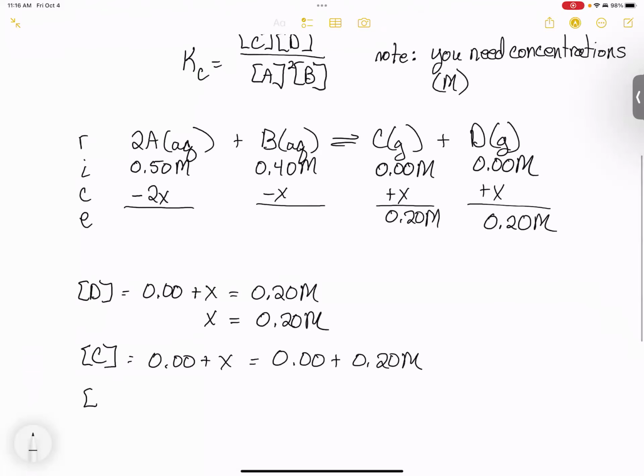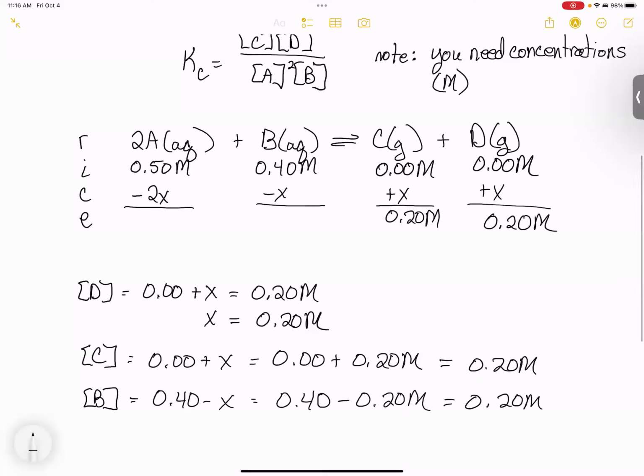For B, it was 0.40 molar minus X, so it's 0.40 molar minus 0.20 molar, or in other words, it's 0.20 molar. And for A, it was 0.50 minus 2X.